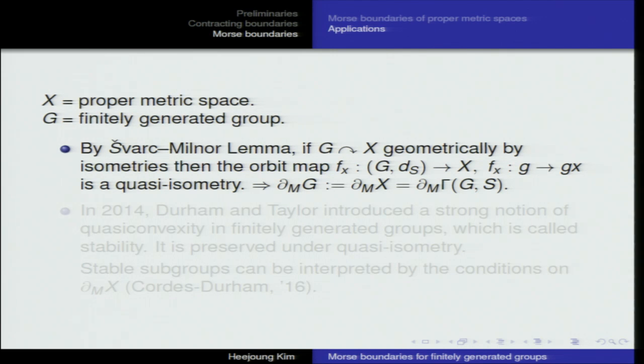So the Morse boundary of G can be defined by the Morse boundary of X. In this case, the Cayley graph is just a proper metric space, and the Morse boundary is a quasi-isometry invariant, so it is homeomorphic to the Morse boundary of the Cayley graph.